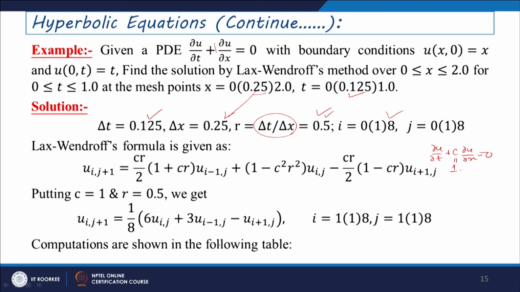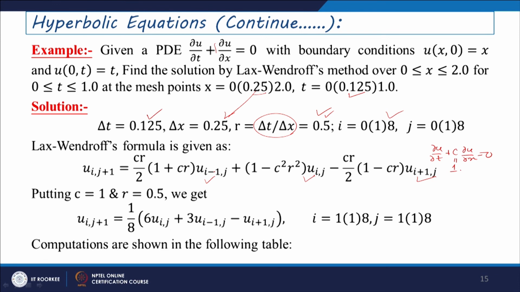So, directly we can put in the c and r values. This equation will be reduced to the form 1 by 8 times 6 u i j plus 3 u i minus 1 j minus u i plus 1 j.